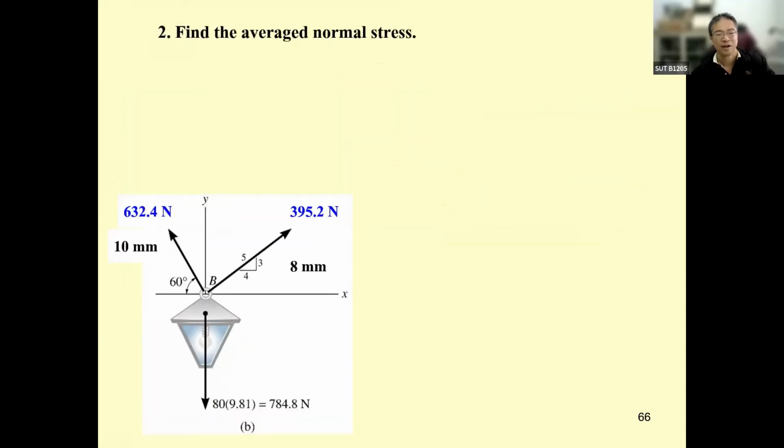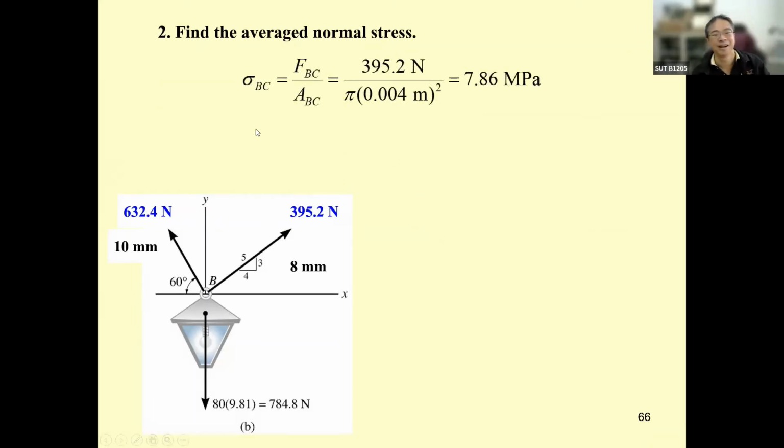Next, we divide. Sorry, I pushed my ball down. F sub BC, 398.2, and since the rod has a circular section like this, the area of this circular one may be pi diameter square divided by 4, or you may use only pi radius square.